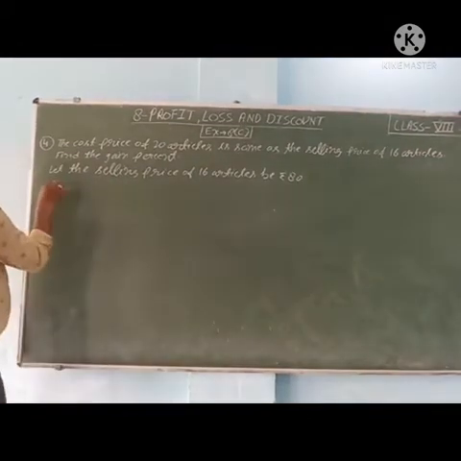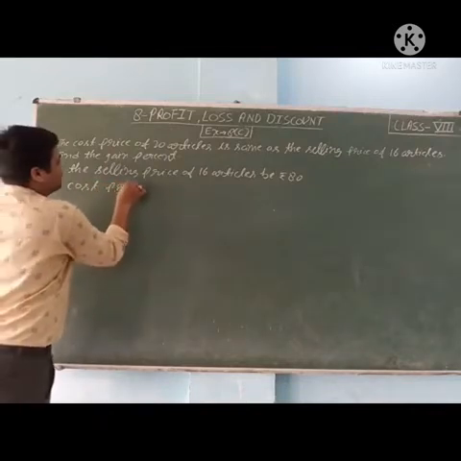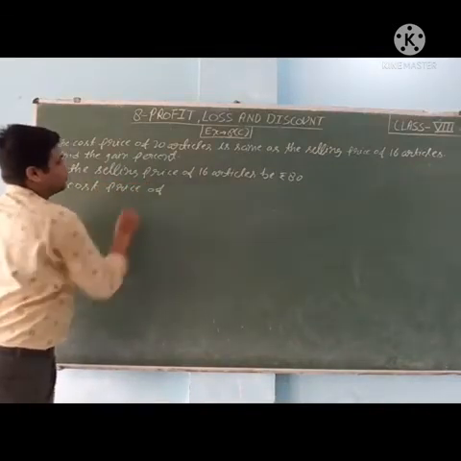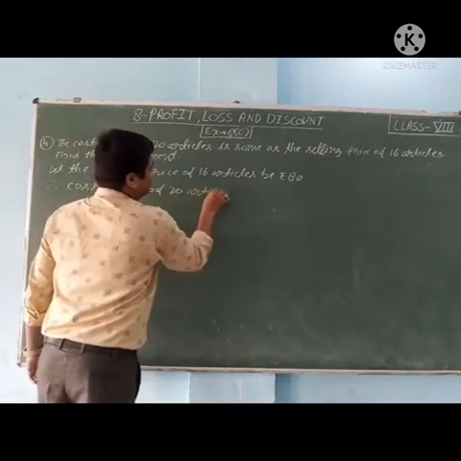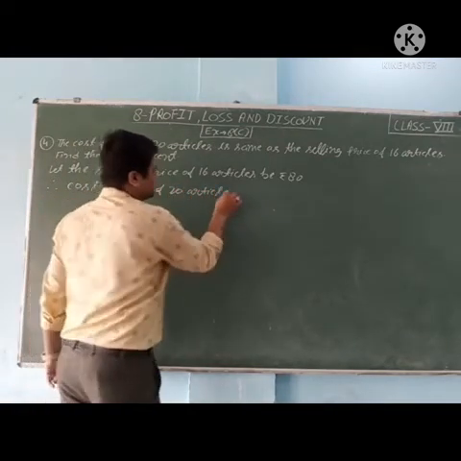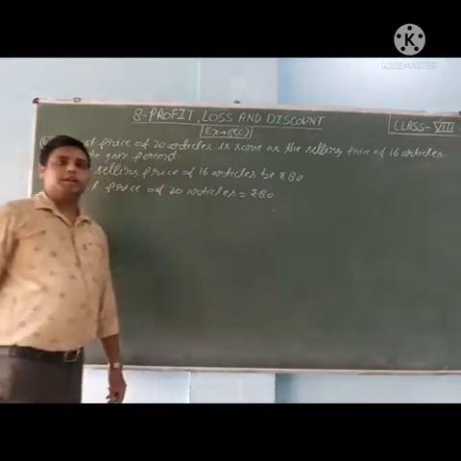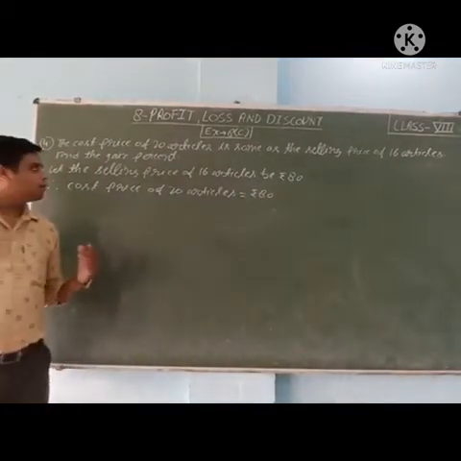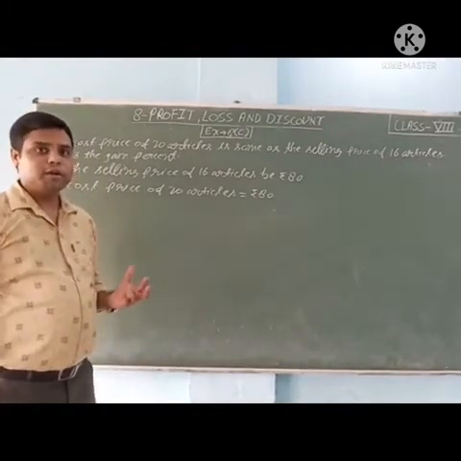Therefore, the cost price of 20 articles is equal to rupees 80. Because in the question it is given that the CP of 20 articles and the selling price of 16 articles are the same or equal.